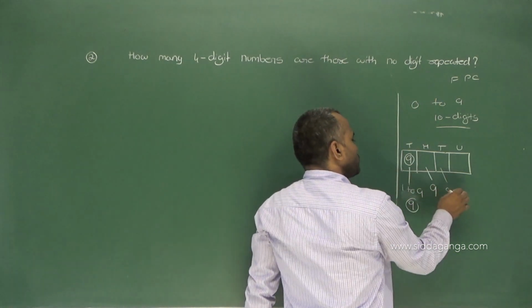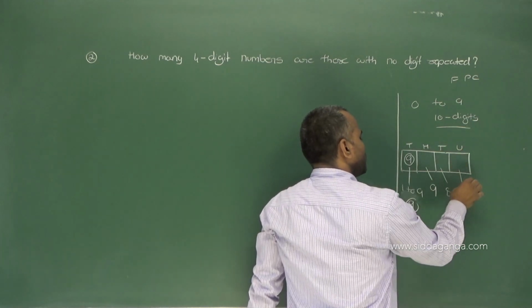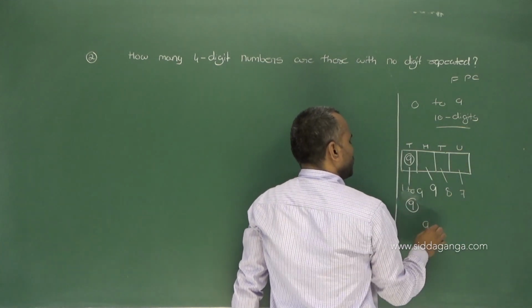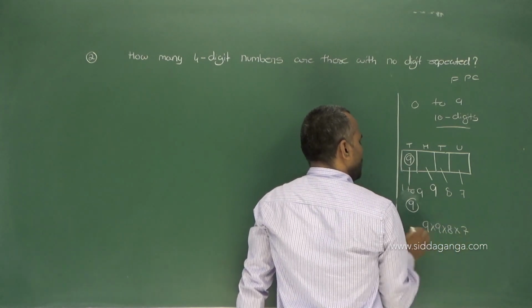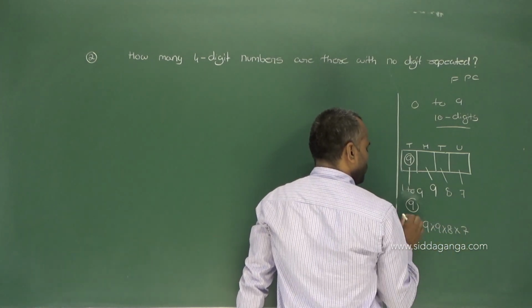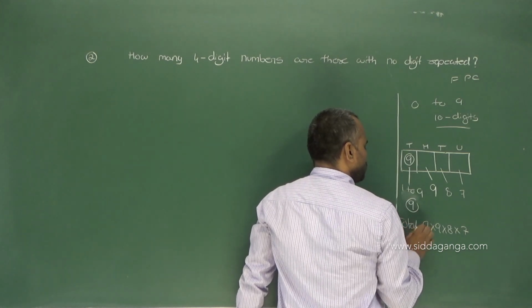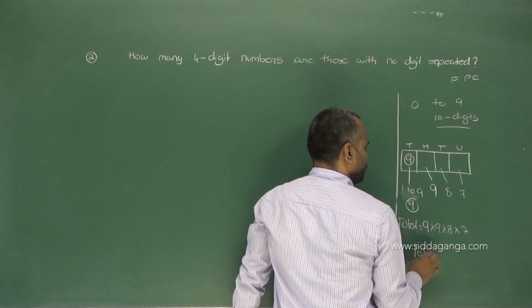The tens place we can fill in 8 ways. The unit place we can fill in 7 ways. So 9 into 9 into 8 into 7, according to the fundamental principle of counting.